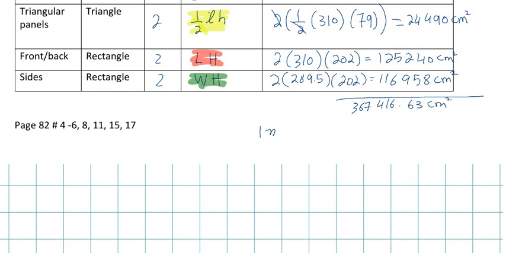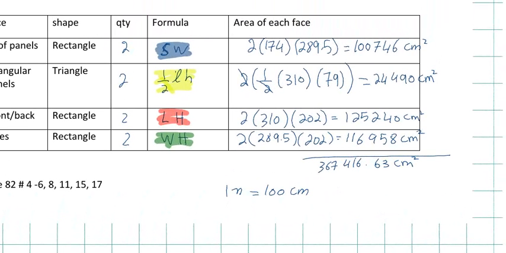In my answer key, I did leave some decimals. What did you guys get here? Is it 367,41? You know why? Because when I did my decimal, I left the side to 1 decimal place.